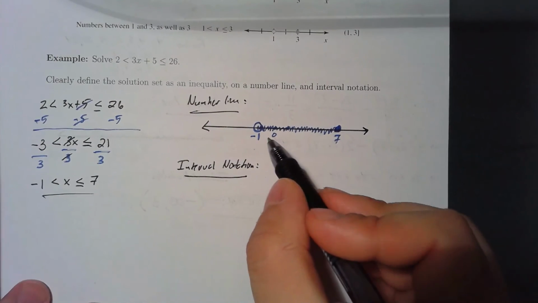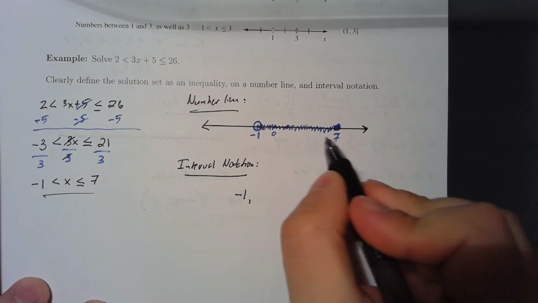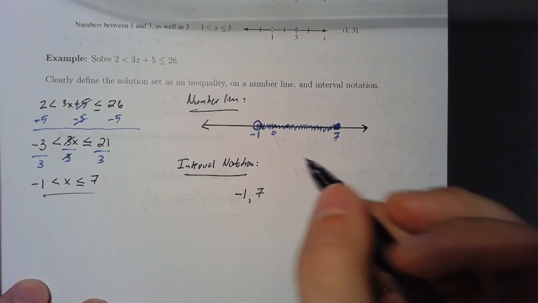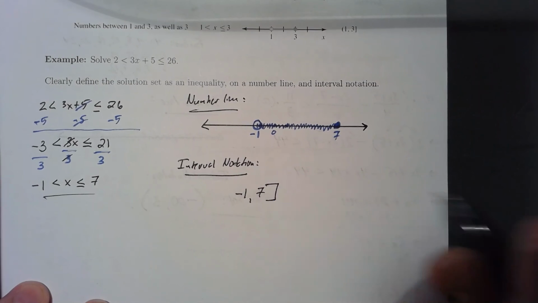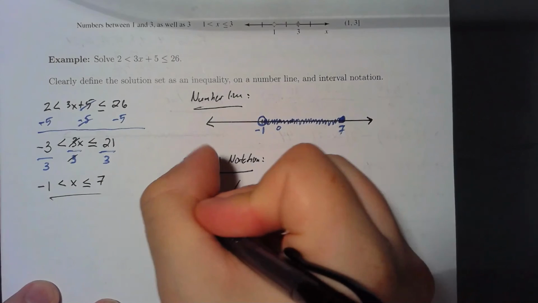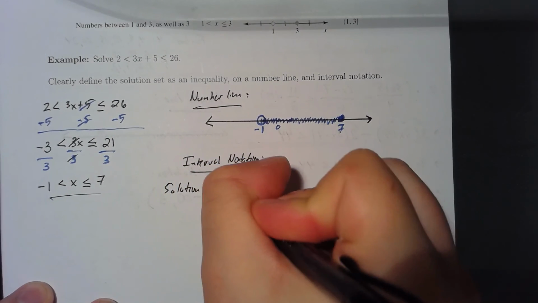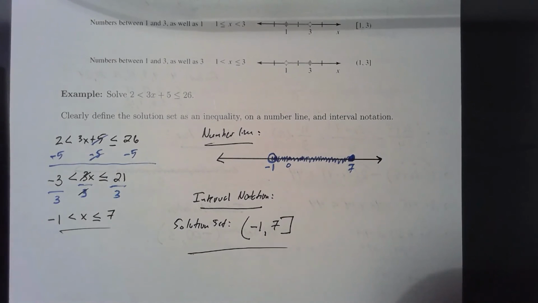What's the smallest value on this interval? Negative 1, comma, the largest value? 7. I include the 7, so it's a bracket. I do not include the negative 1, so it's open. That is it, ladies and gentlemen. That is it. Nothing to it.